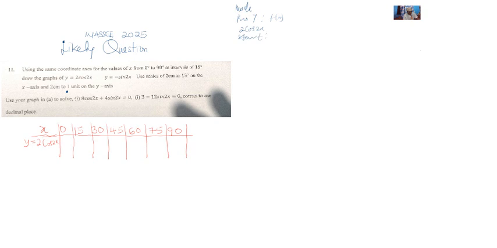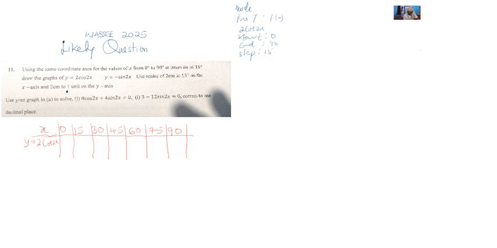For start, you enter 0, then press equal to, and you get end, so you end at 90. Then the step is the interval, so you press 15, then press equal to. It will generate the table for you. So you can try it on your own.